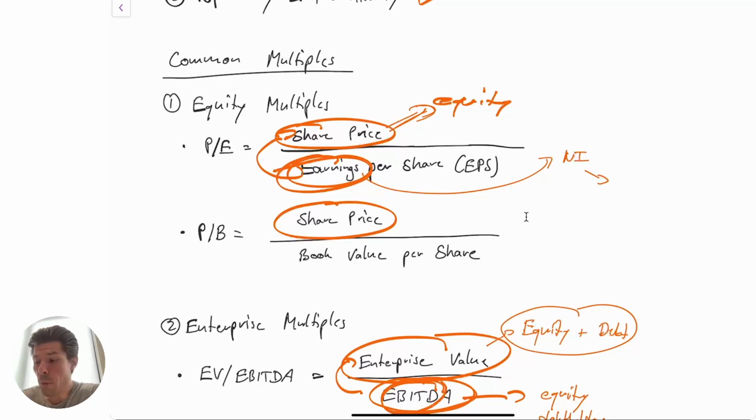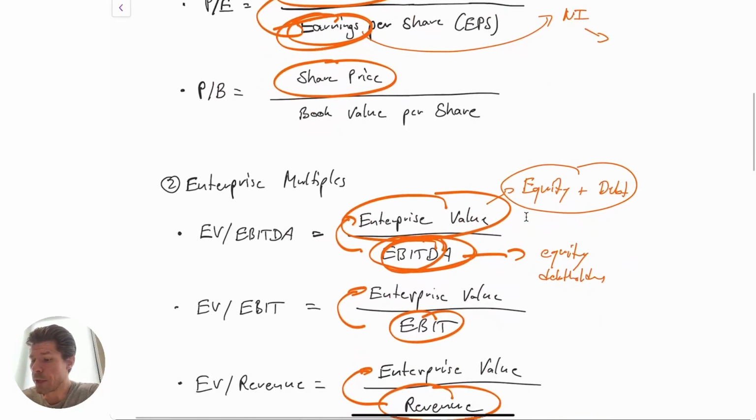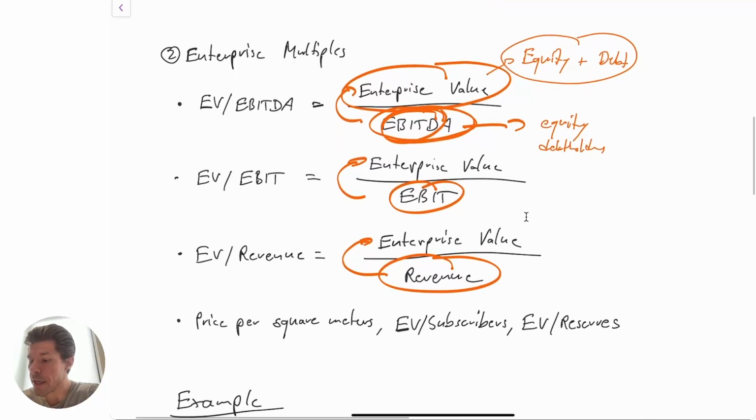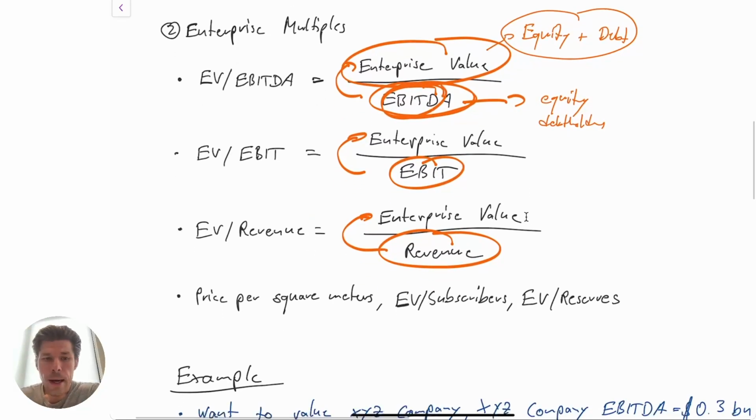There are way more equity multiples which you can use. Enterprise multiples: enterprise value divided by EBITDA, EV divided by EBIT, EV divided by revenue.